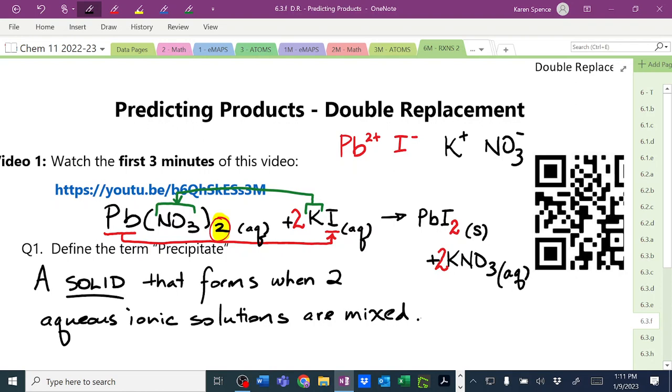Who is the precipitate in this equation? Tell your partner, go talk with your partner about that. Write it down first, and then I'll repeat the question.